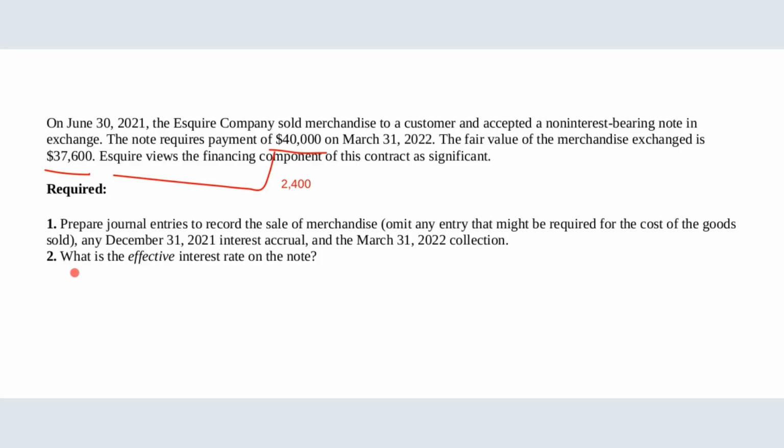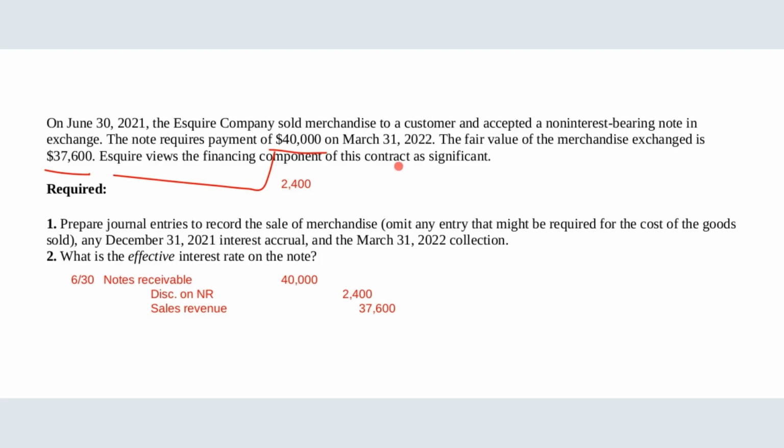So on June 30, our entry will be slightly different from the previous one, in that we have our notes receivable for 40,000. We have a credit to discount on note receivable of 2,400. And then we have our sales revenue for 37,600.